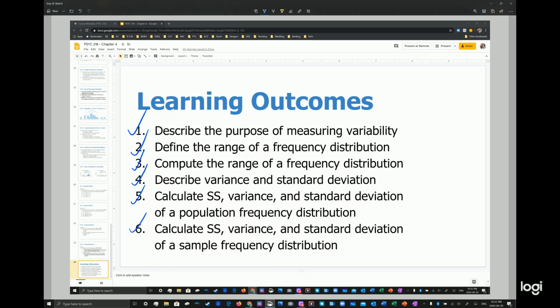And again, you can look ahead to our other chapters as well, or at least keep that information, especially the bit about sample distribution, sample sum of squares, sample variance, and sample standard deviation as we finish off chapter 4 and look ahead to our other chapters. Again, do those practice questions. You can use the actual data in our lecture slides as an example.